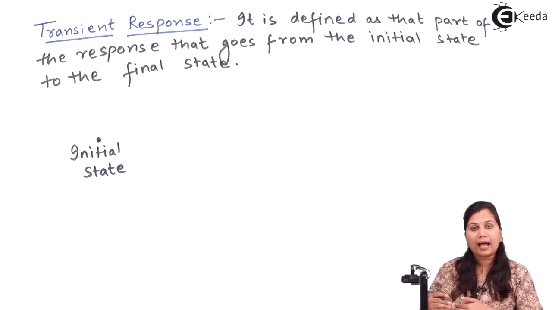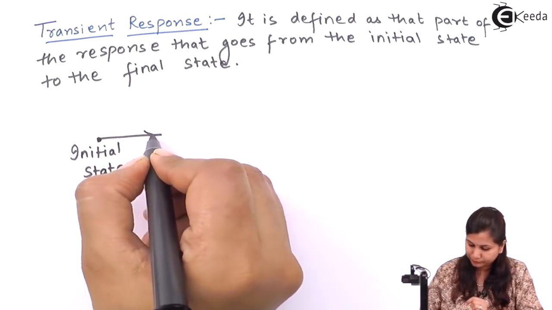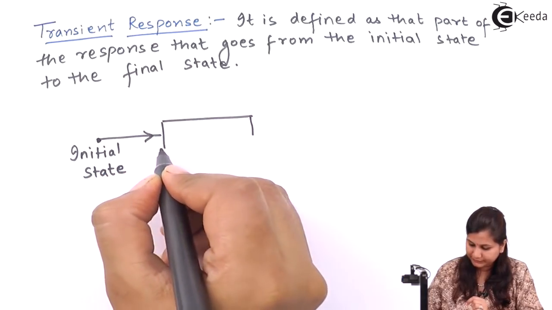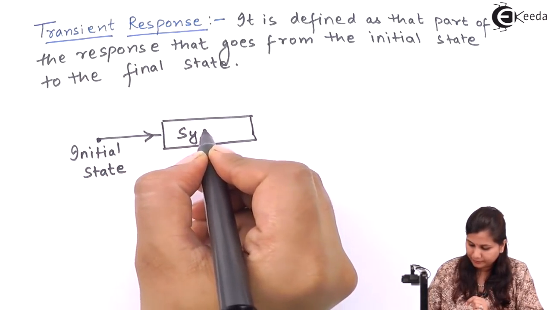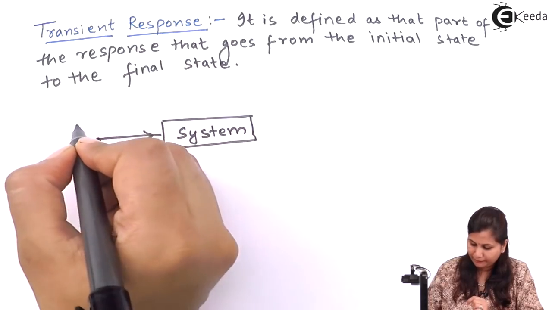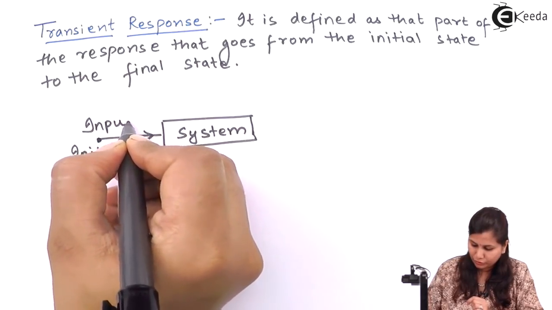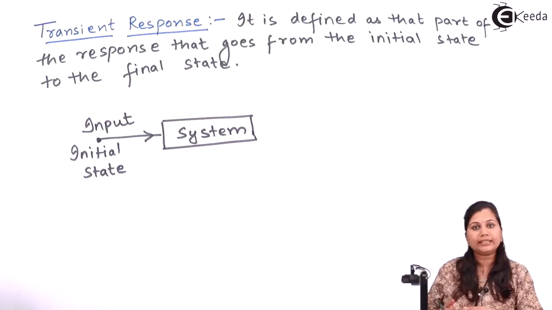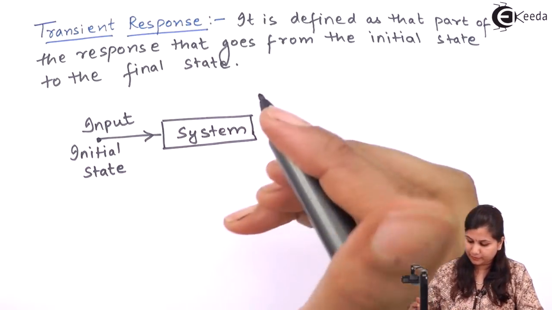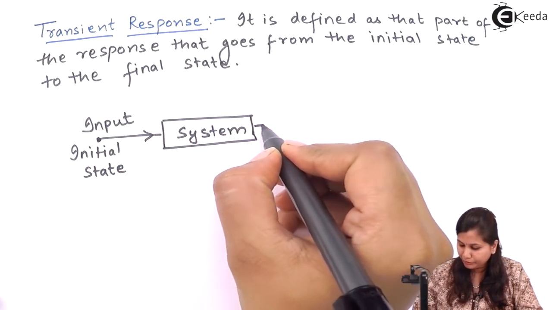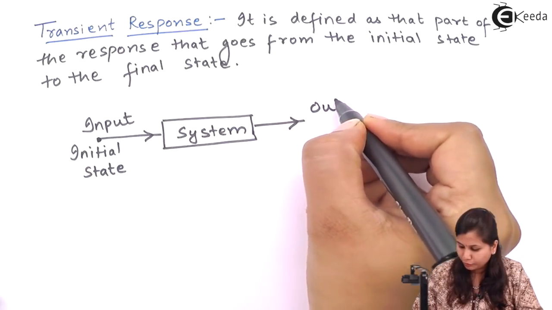Now we apply an input to the system, and it will give some output to us.